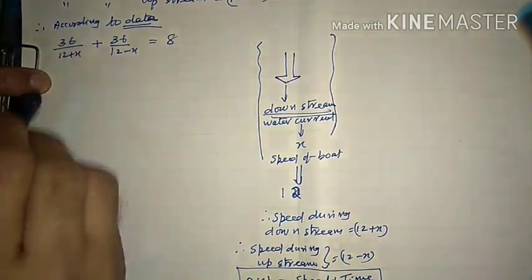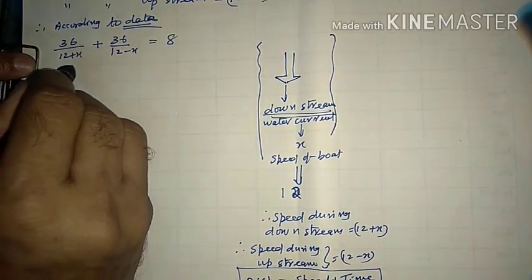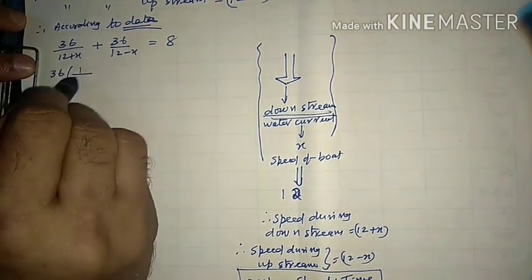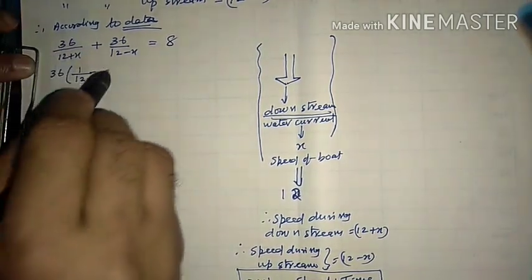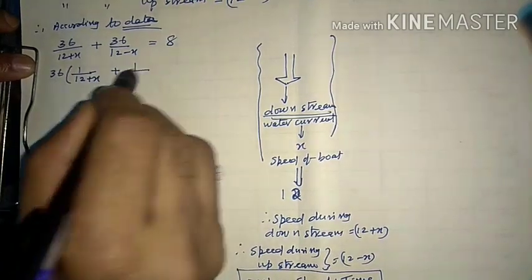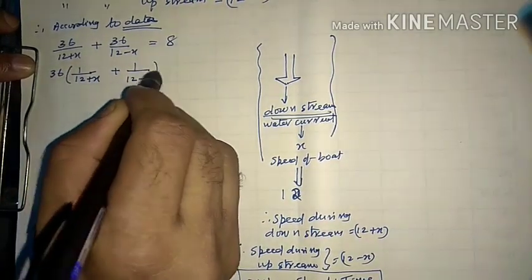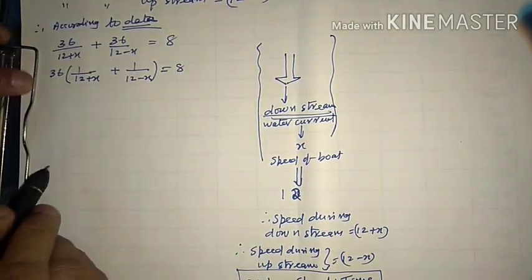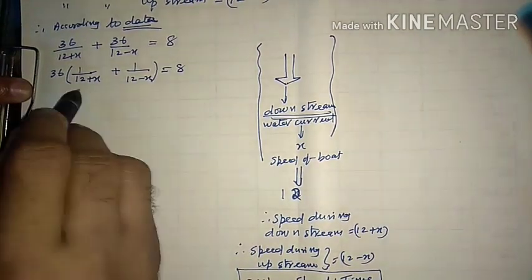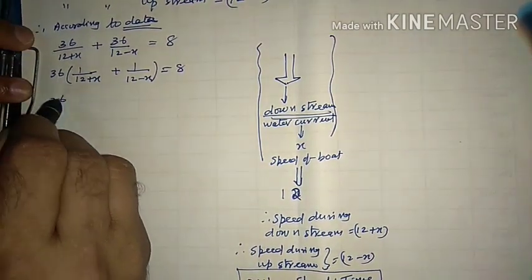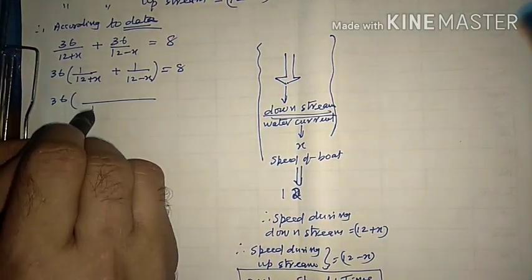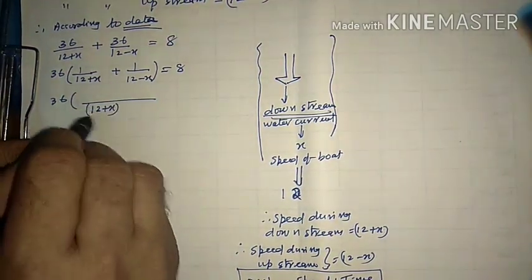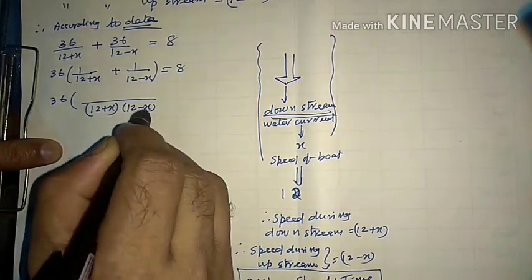Now we have to simplify this. We take 36 common out: 36 times 1 by 12 plus x plus 1 by 12 minus x is equal to 8. Now we take the common denominator, 12 plus x into 12 minus x.